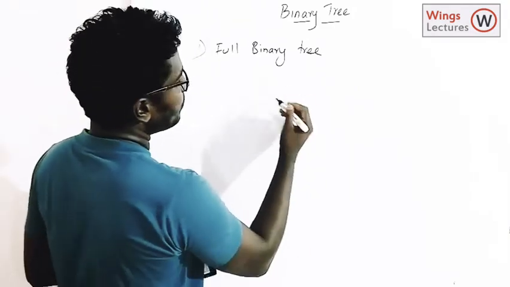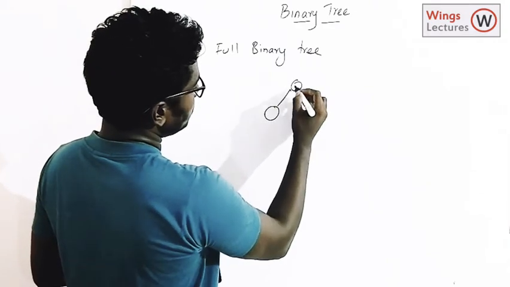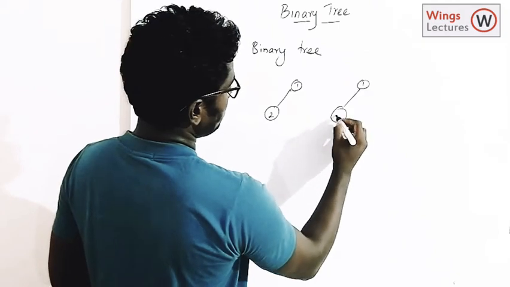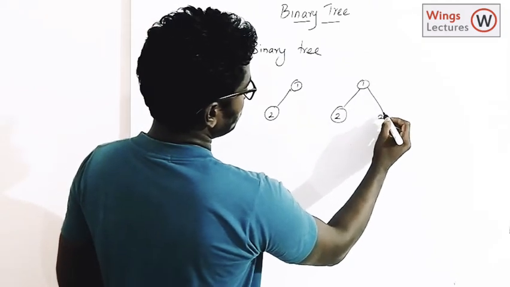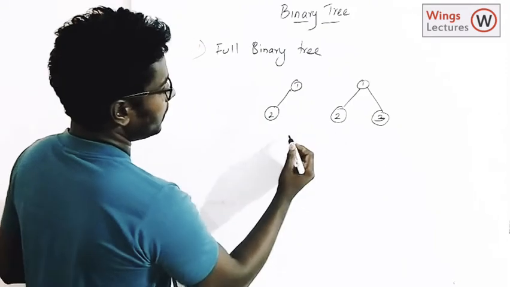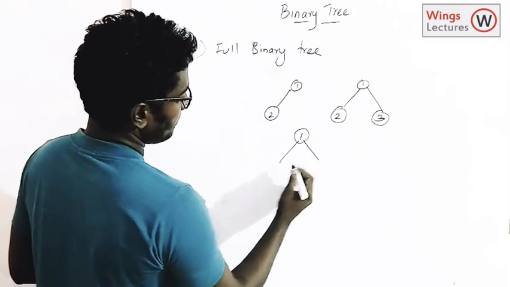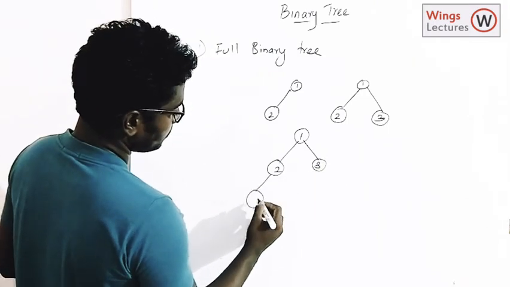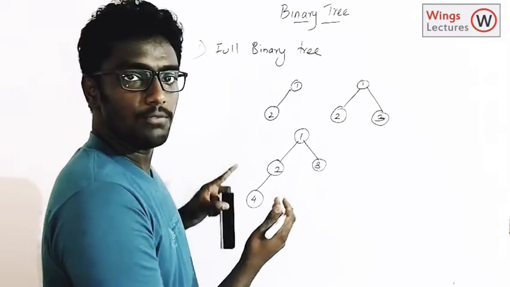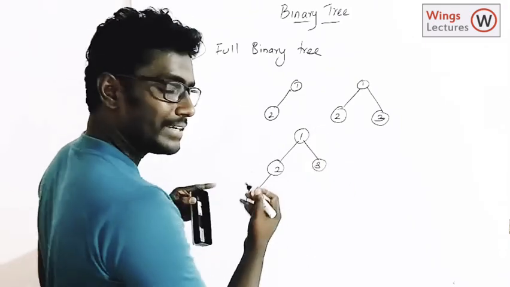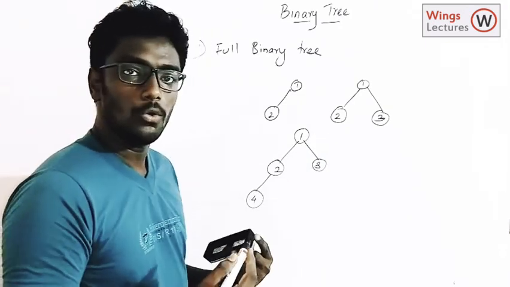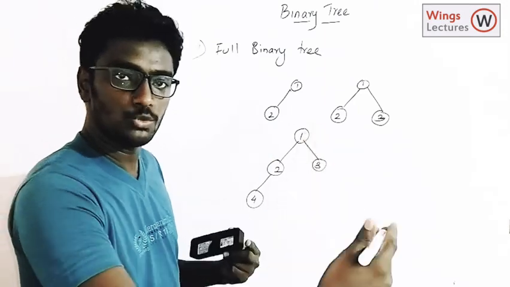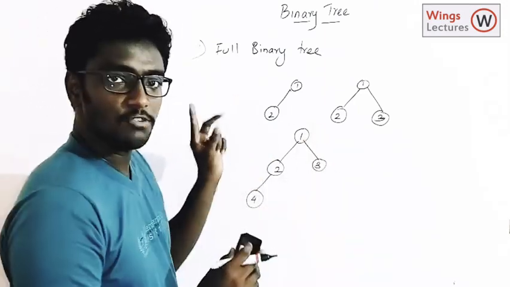It can have one child, or two children, or else this one is also a full binary tree. It can have zero children or one child, or at most two children. So that is full binary tree.